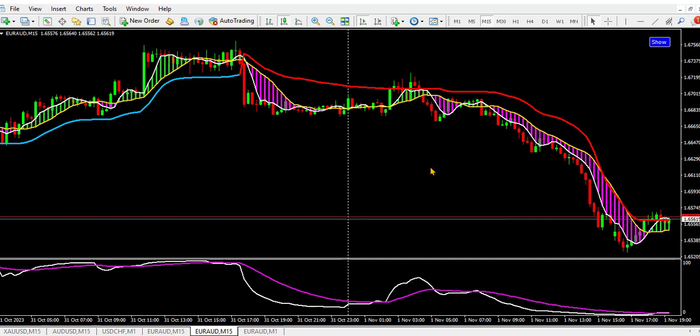If you cannot afford $1,000, do not pick $1,000 in your demo account. If it is $100, start with $100, so that you will know how to trade profitably when you go live.